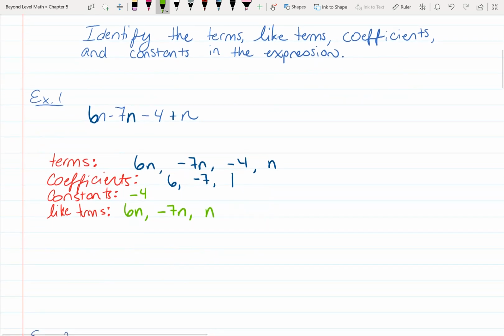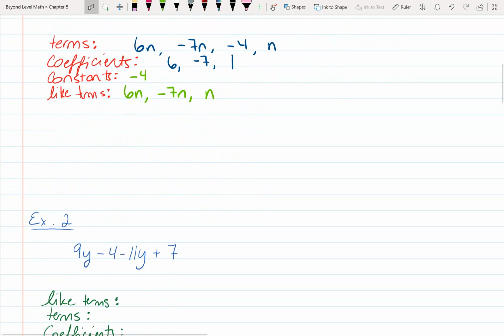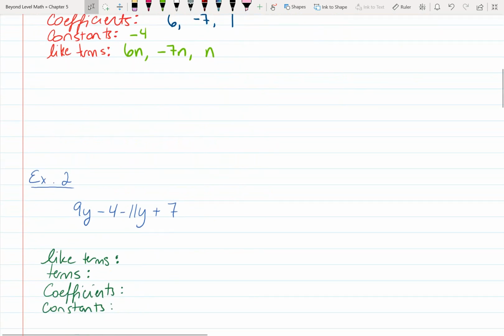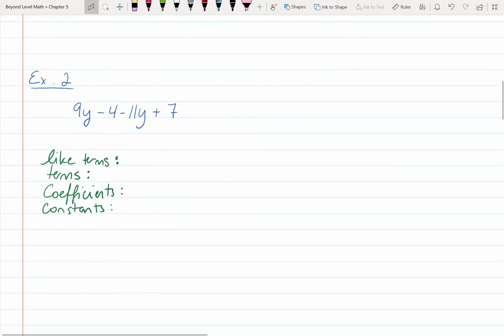Alrighty, let's scroll down to example 2. 9y minus 4 minus 11y plus 7. Our like terms are, we've got 9y, and then we've got negative 11y. Keep in mind it's not just 11y, it's negative 11y.